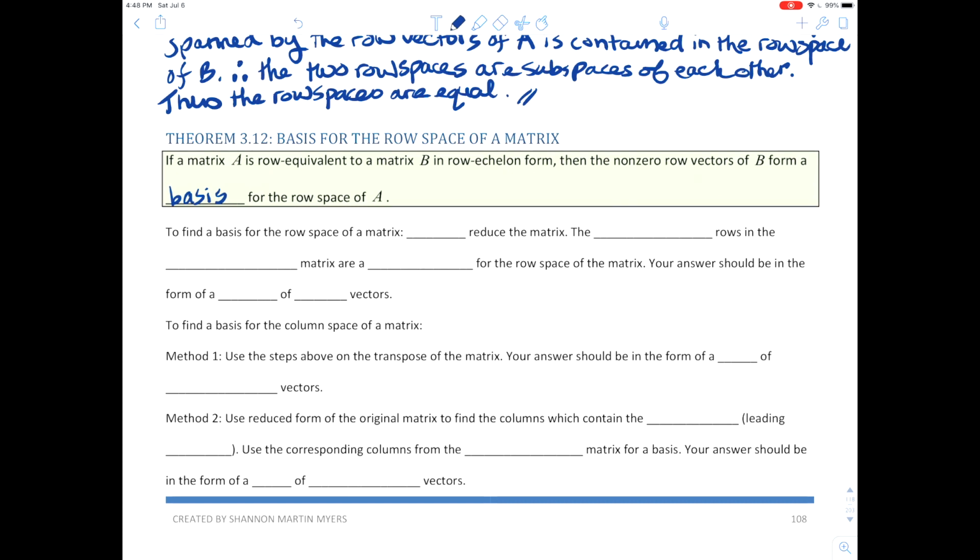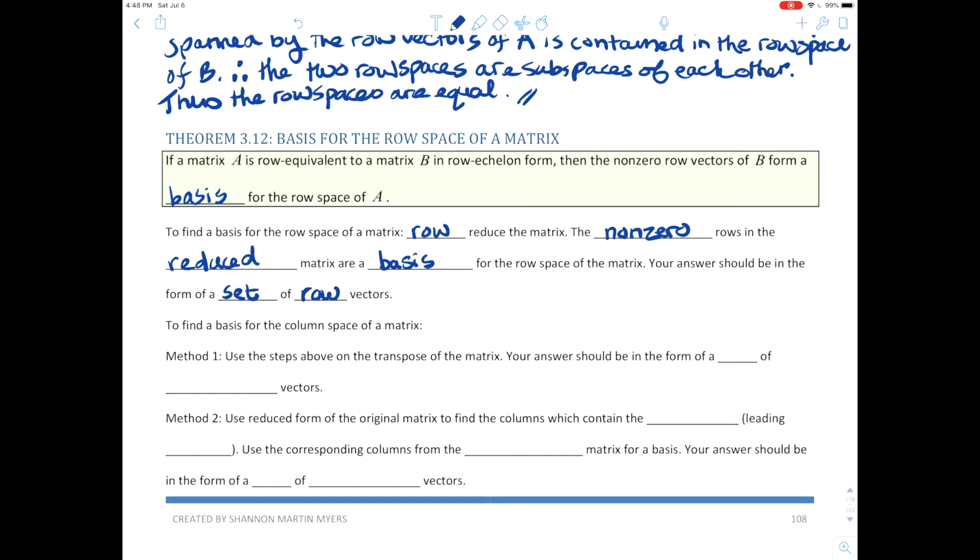To find a basis for the row space of a matrix, row reduce the matrix. The non-zero rows in the reduced matrix are a basis for the row space of the matrix. Your answer should be in the form of a set of row vectors.